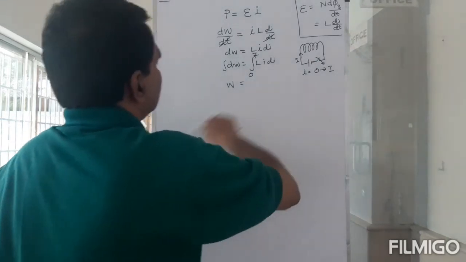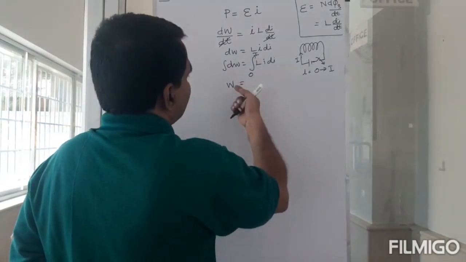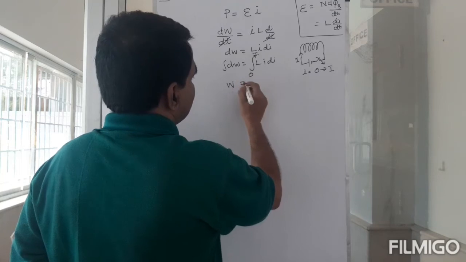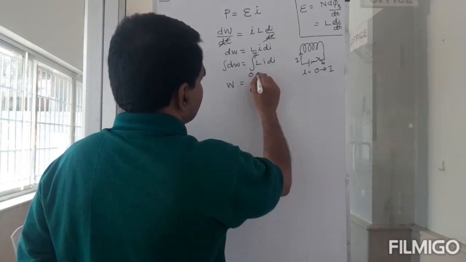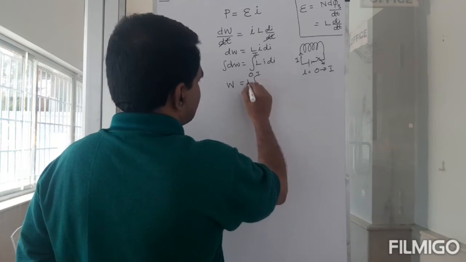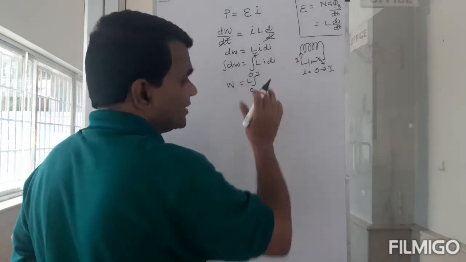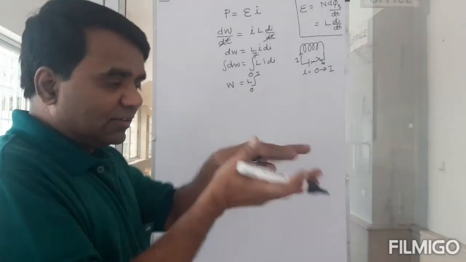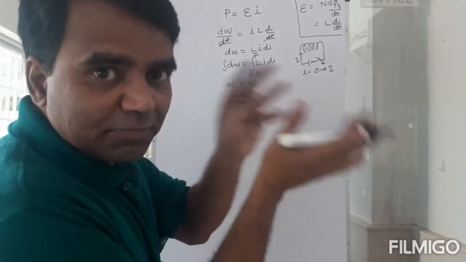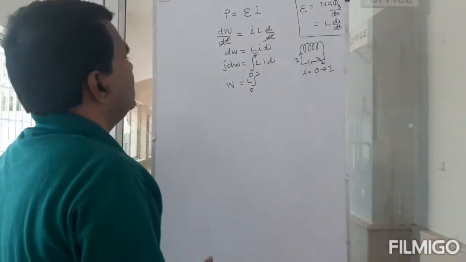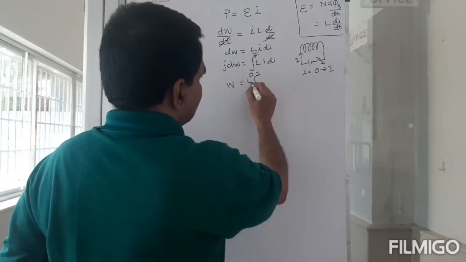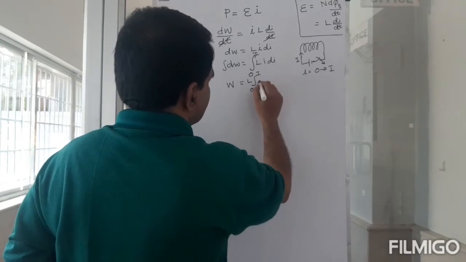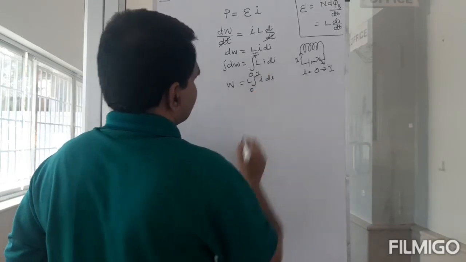So this W is equal to the integral from 0 to I, but now L I can take out, it is a constant, because it depends on geometry and the permeability of the medium, the core. That has nothing to do with the current, right? So I can take that out. Then I have i di.